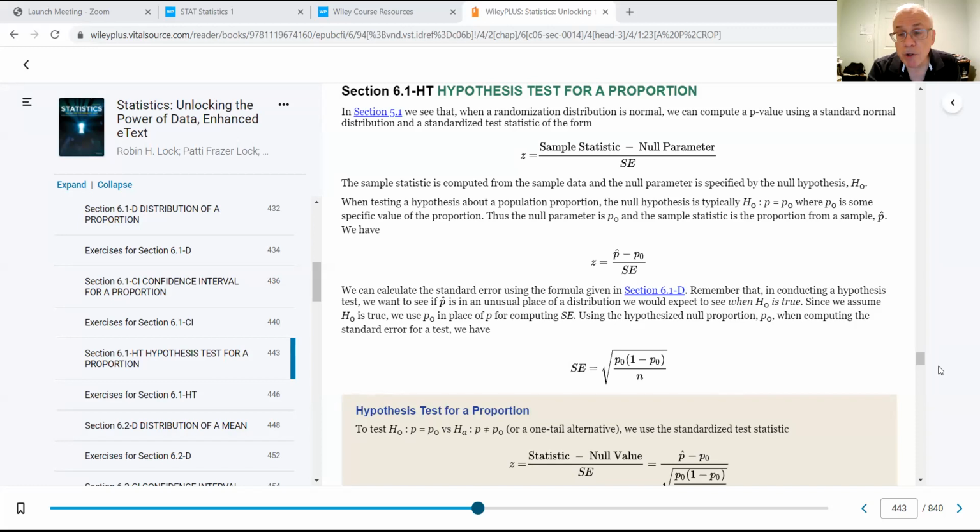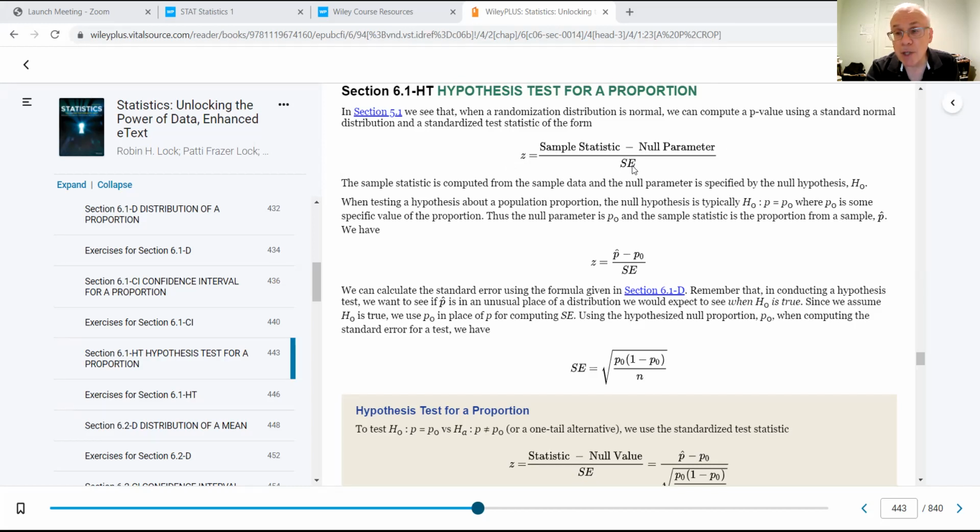And what's new about this particular section with hypothesis tests is that the test statistic, the z-statistic, which has a standard error in the denominator, we're going to replace the standard error. Remember, we used the randomization hypothesis test, and the textbook chooses the standard error mentioned there.